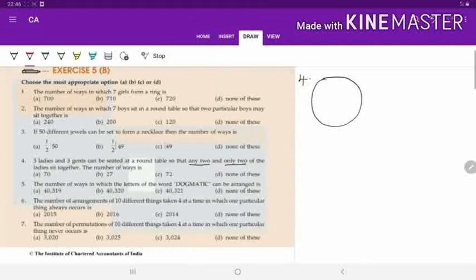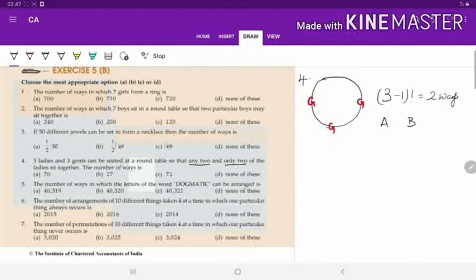So 3 gents can be seated in 3 different slots like this. Therefore, this is a circular permutation and n is equal to 3 here. So (n minus 1) factorial, so 3 minus 1 factorial. So they can be seated in 2 ways. 2 factorial is equal to 2.